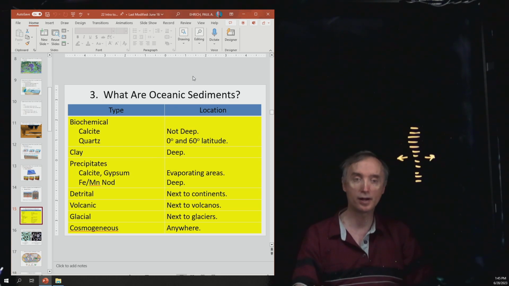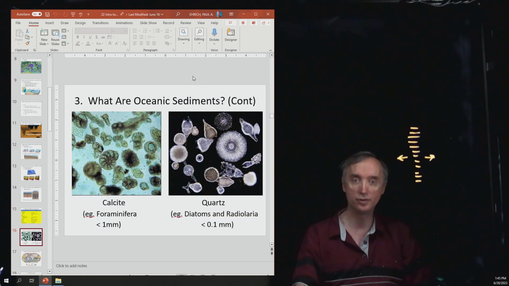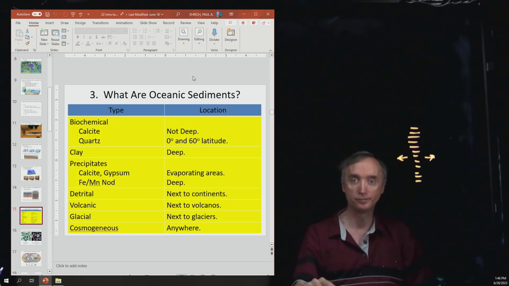Now there's two different kinds of shells. You have shells that are made of calcite, and then shells that are made of quartz. So you're not responsible for knowing the names of the organisms that produce it, but you should know that there are two different kinds of sediments: calcite sediments and then quartz sediments.